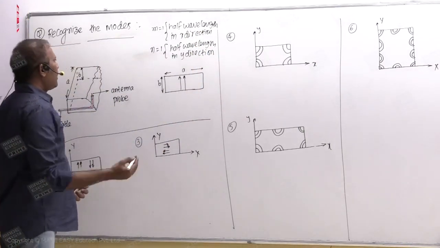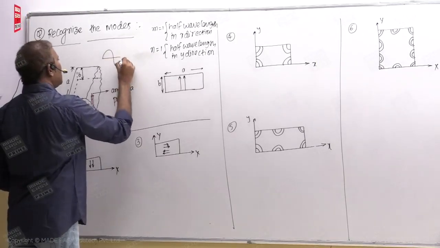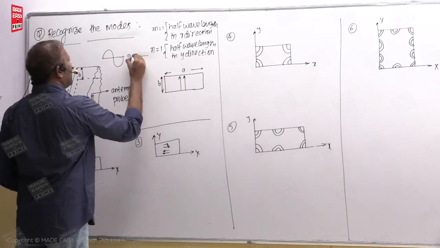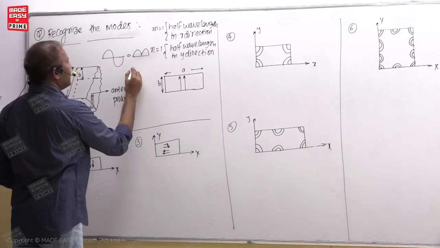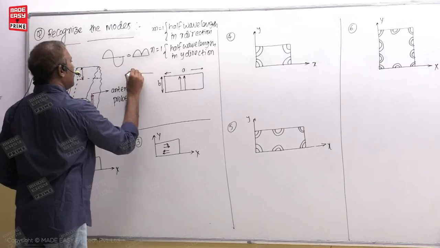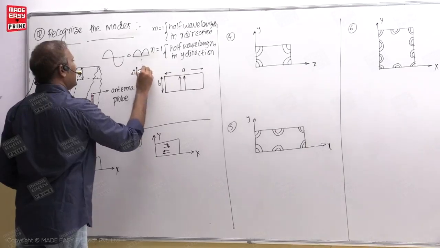I was telling you, if there is a half wave like this, this is the full wave. If you take the mode, it is shown like this. It is half of the wave, sinusoidal, and it keeps going like this.